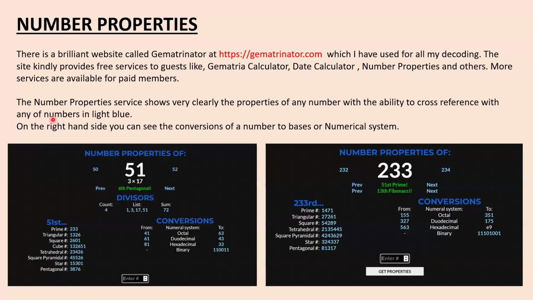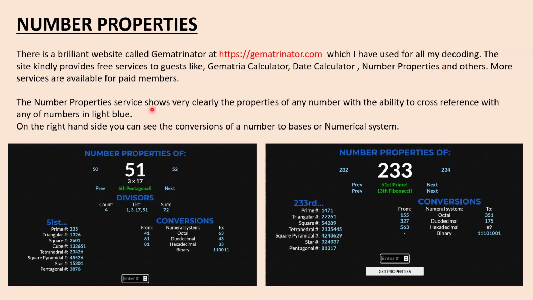Number properties. So this brilliant website I mentioned earlier, Gematria, and here's the website address I've used for all my decoding. The site kindly provides free services to guests like the Gematria calculator, date calculator, number properties, and some others. More services are available for paid members.